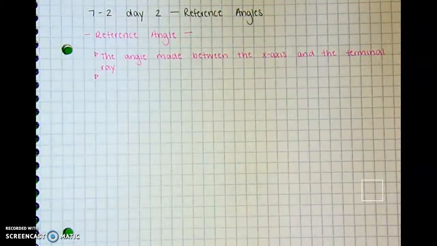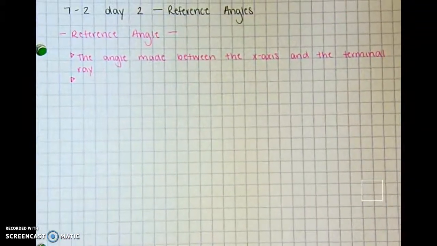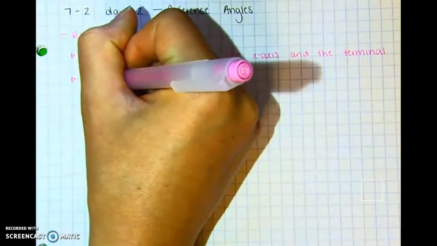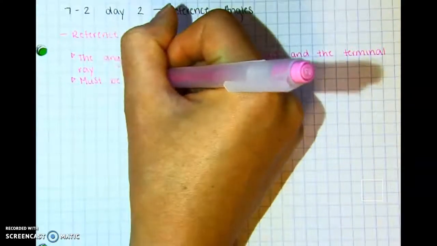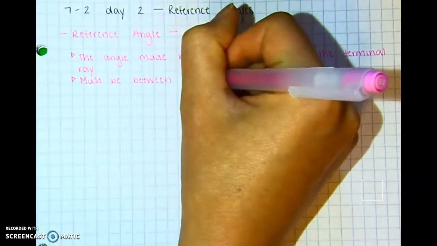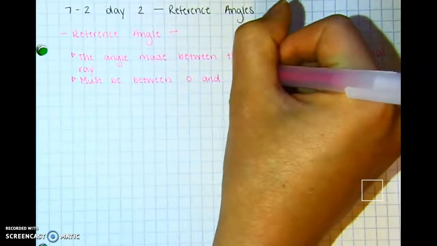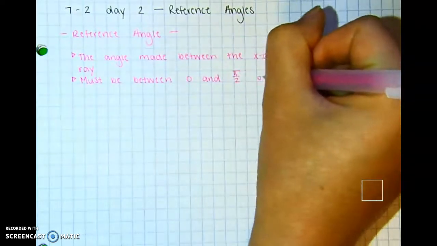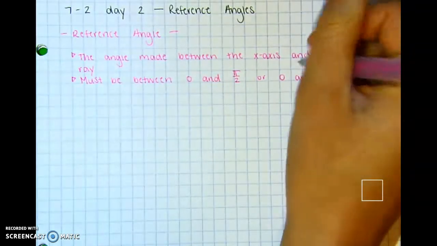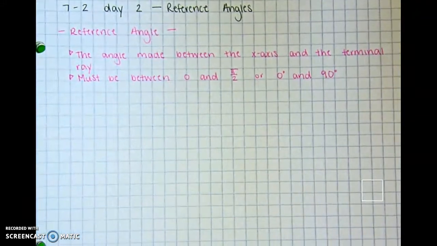So the angle made between the x-axis and the terminal ray is the reference angle. It must be between either 0 and pi over 2 if we're in radians, or 0 degrees and 90 degrees if we're in degrees.